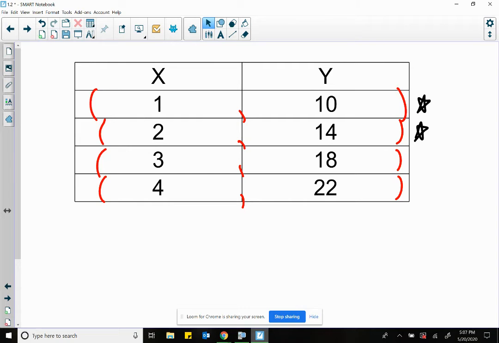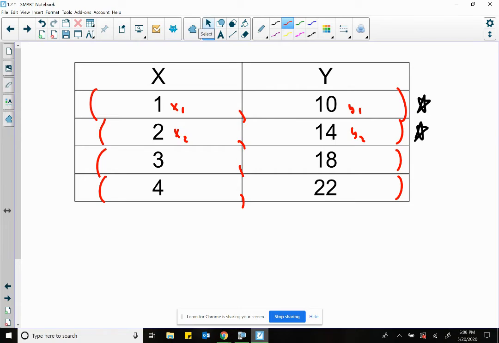Okay. So now on here, because there really isn't an order here, I just work from the top down. So I call this x1, y1. This is my x2, y2. I could have very easily called this x2, y2, x1, y1. It does not matter.